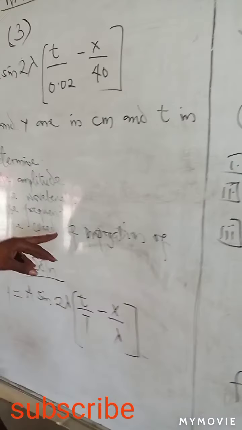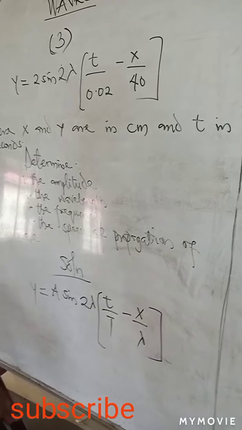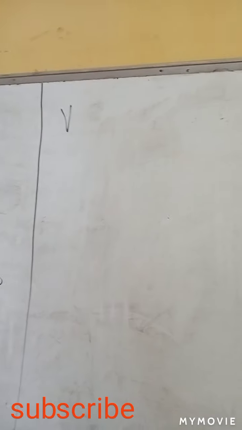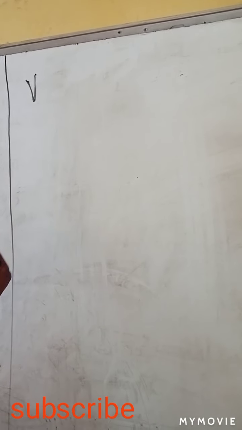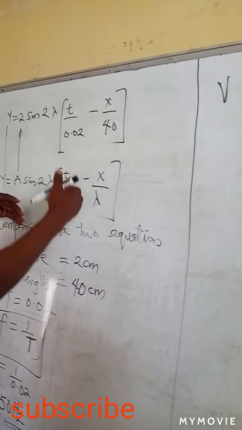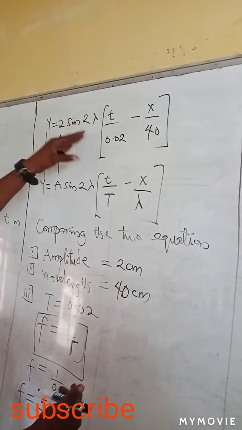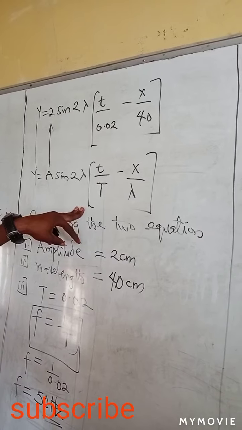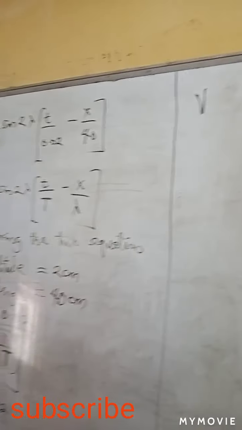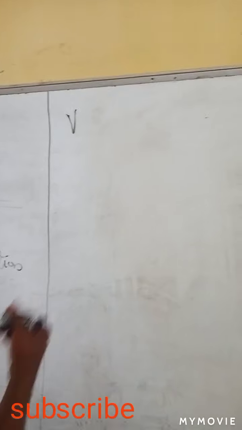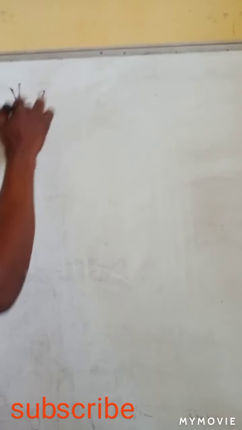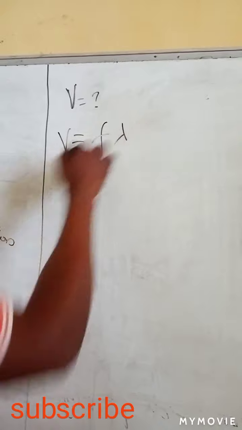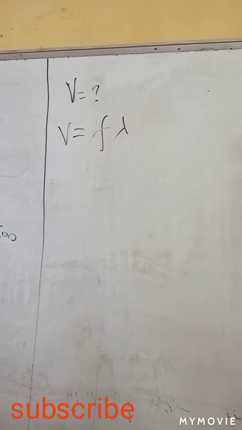Question number 3. For us to now find the speed of propagation, V, which is unknown, and in the comparison here, we don't have anything like V in both the given equation and the general equation. In that case, we have to derive the value for our velocity with the parameters we got earlier, using the formula V equals F times wavelength, that is frequency multiplied by wavelength.